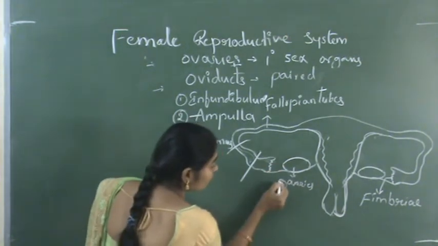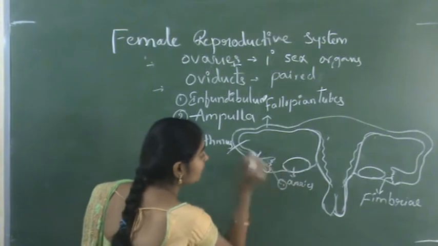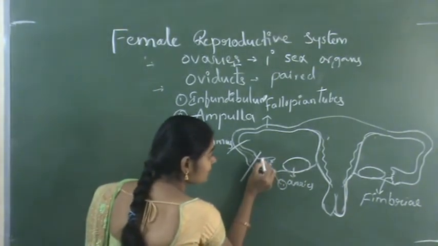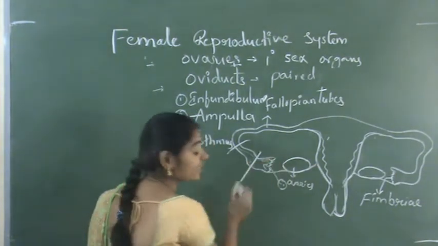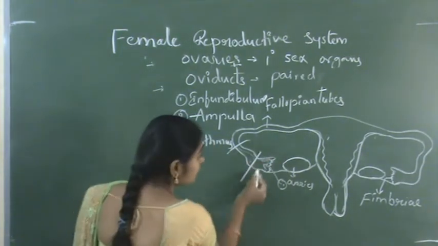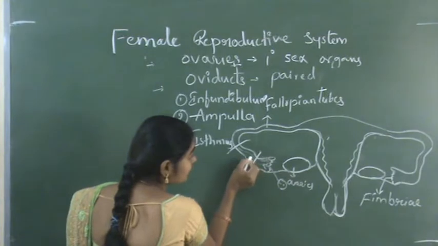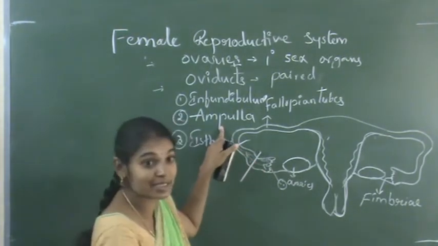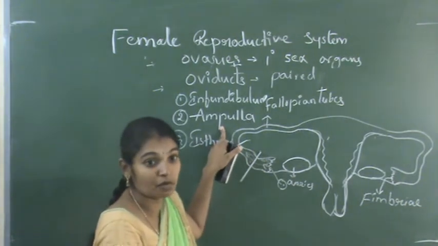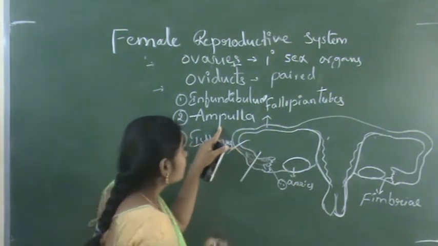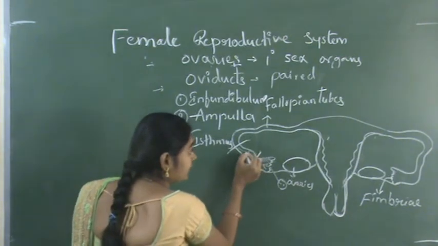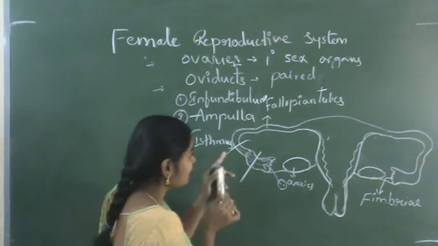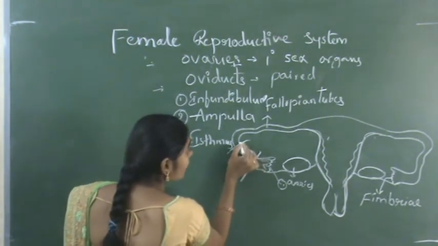Now the ovum enters the infundibulum, and due to the presence of ciliated cells inside the oviducts, the ovum moves towards the ampulla region. The ampulla is the second part of the oviduct, a wider part, and fertilization takes place at the junction of ampulla and isthmus.